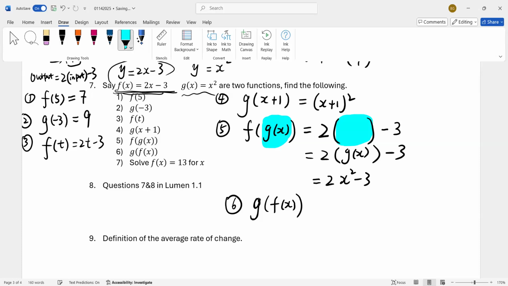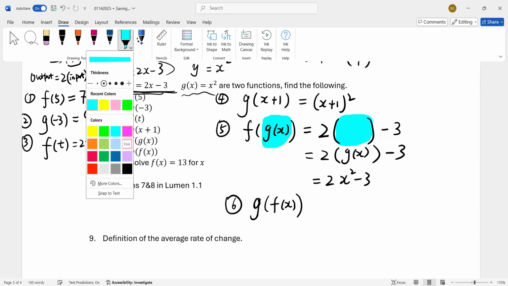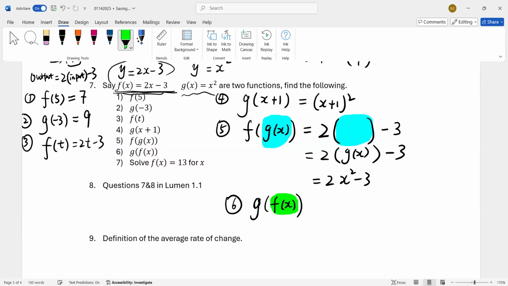Because the inside, let me change to a different color. Let's use green this time. This f of x is inside the parentheses next to g, so I highlighted it in green, and that green is just the input for function g.